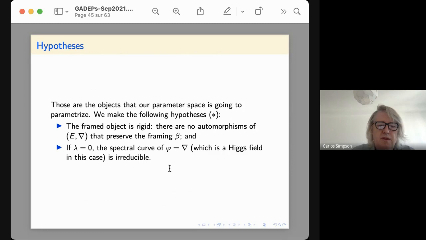Okay. Let's make just a couple of hypotheses here. Let's suppose that the framed object is rigid. That's always going to be true for connections, but for Higgs bundles it might not be true, but we'll just assume that it is. And let's furthermore assume that the spectral curve of the Higgs bundle is irreducible. That's maybe going to make a couple of small points nicer.